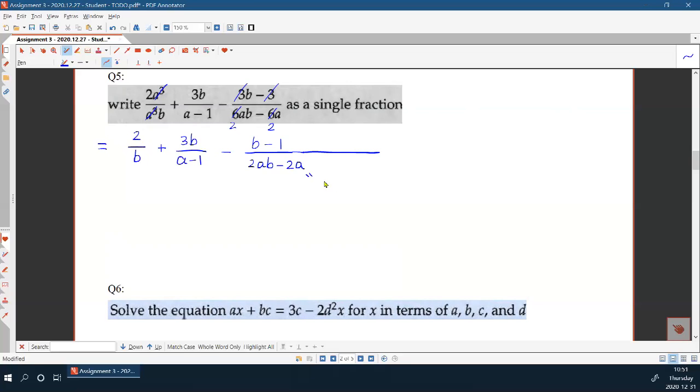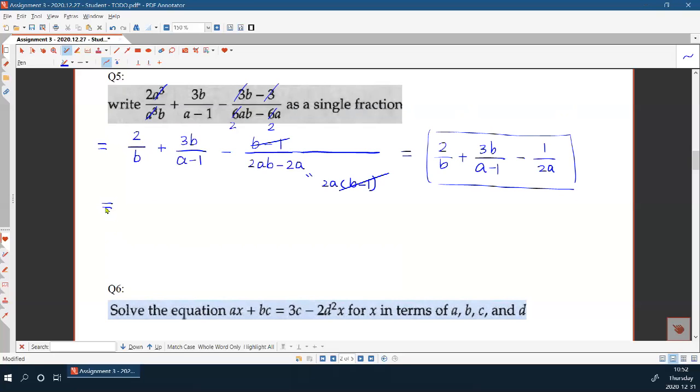Actually, this one equals to 2a times b minus 1, right? So b minus 1 cancels with b minus 1. So the third term can be rewritten to 1 over 2a, right? So this one looks much easier than the original one.